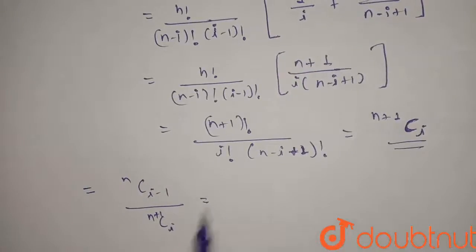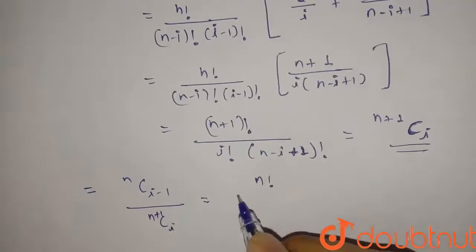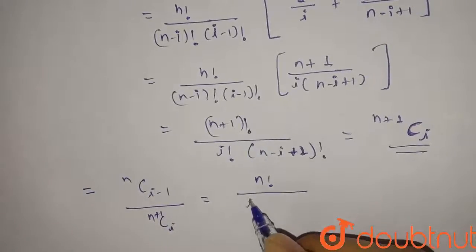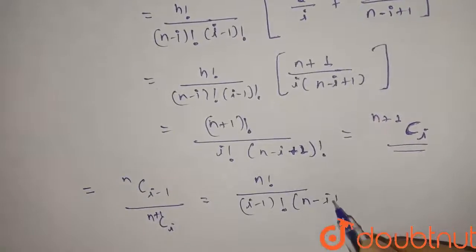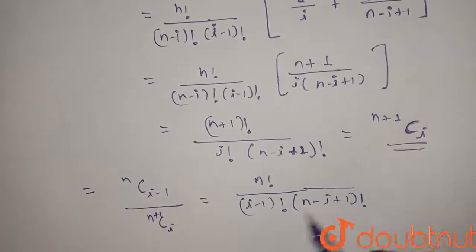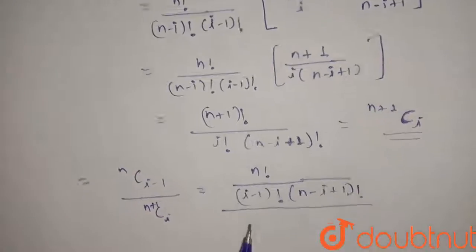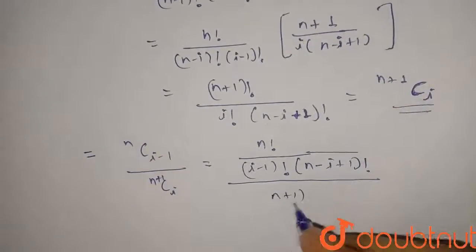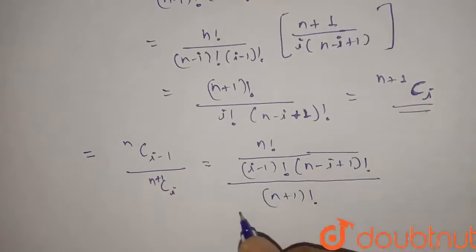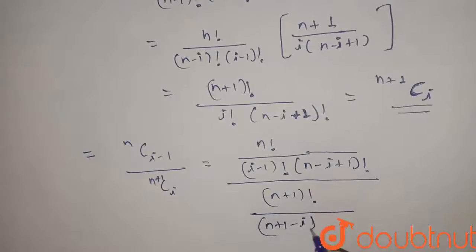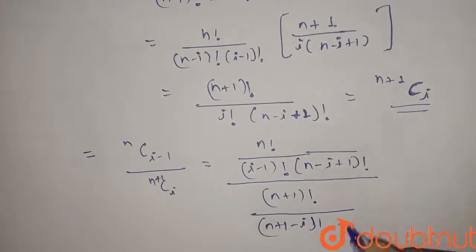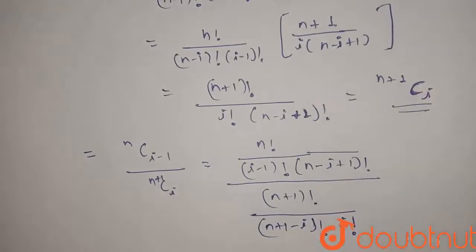If I solve this, it will be n factorial upon (i minus 1) factorial into (n minus i plus 1) factorial, whole divided by (n plus 1) factorial upon (n plus 1 minus i) factorial into i factorial, right?